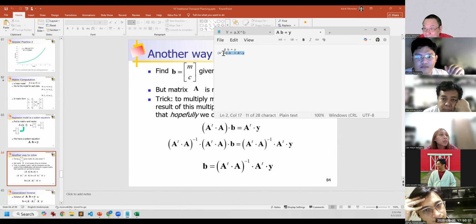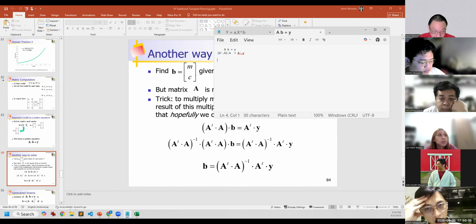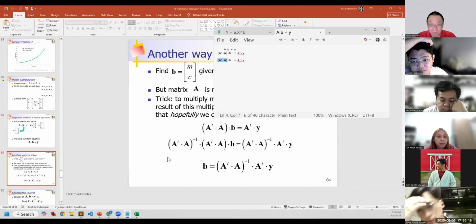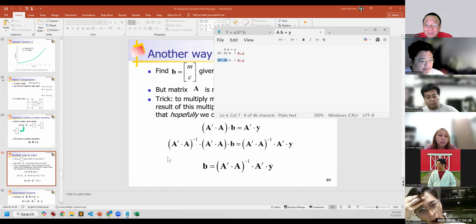So let's copy this down here. Okay. So now, because this is already a square matrix, remember, any rectangular matrix multiplied by its transpose, either from the left or the right, will become a square matrix. Now, because this is already a square matrix, what you can do, you can inverse it.